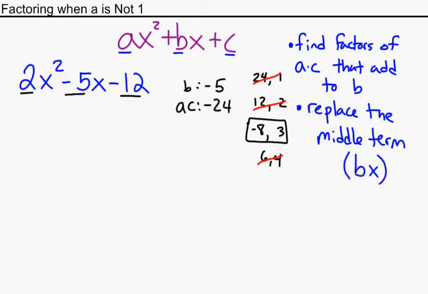So I come up here and I leave the 2x squared the same. But I'm going to go ahead and split up -5x into two pieces. I'm going to make it -8x plus 3x and keep the -12. And I haven't changed my problem at all because -8x plus 3x is still -5x. I've just changed the way it looks.